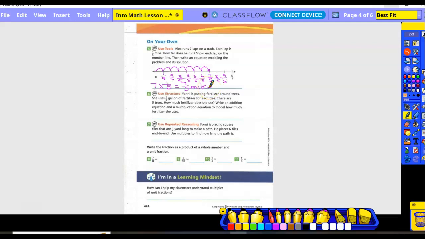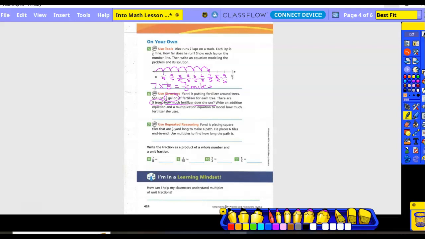Okay, number 6. Yanni is putting fertilizer around trees. She uses 1/3 gallon of fertilizer for each tree. There are 5 trees. How much fertilizer does she use? So they want us to do an addition equation and a multiplication equation. Okay, so let's pull out what we have. 1/3 gallon. She has 5 trees. And then how much fertilizer does she use?